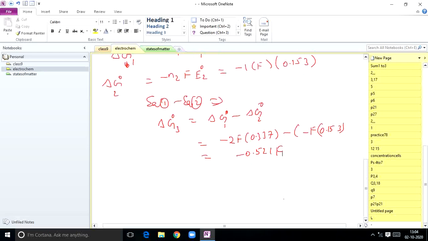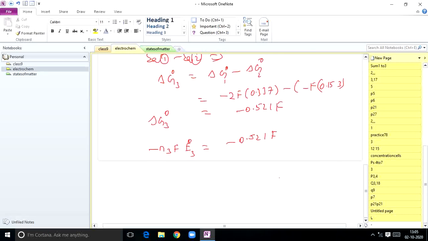This is the delta G3 naught value. So delta G3 naught means here you can take minus N3 F E naught 3 equal to minus 0.521 F. So N3, how many electrons are there in the third equation? Only one. So minus 1 into F into E naught 3 is equal to minus 0.521 F.